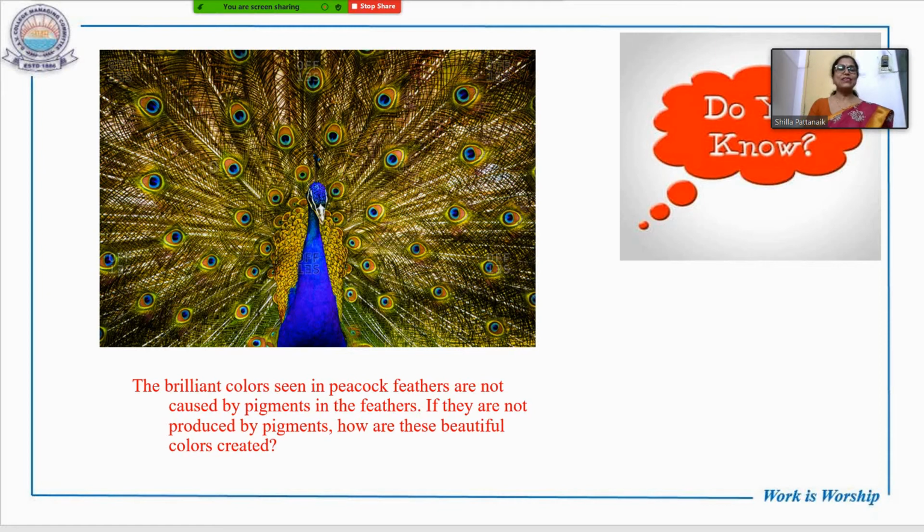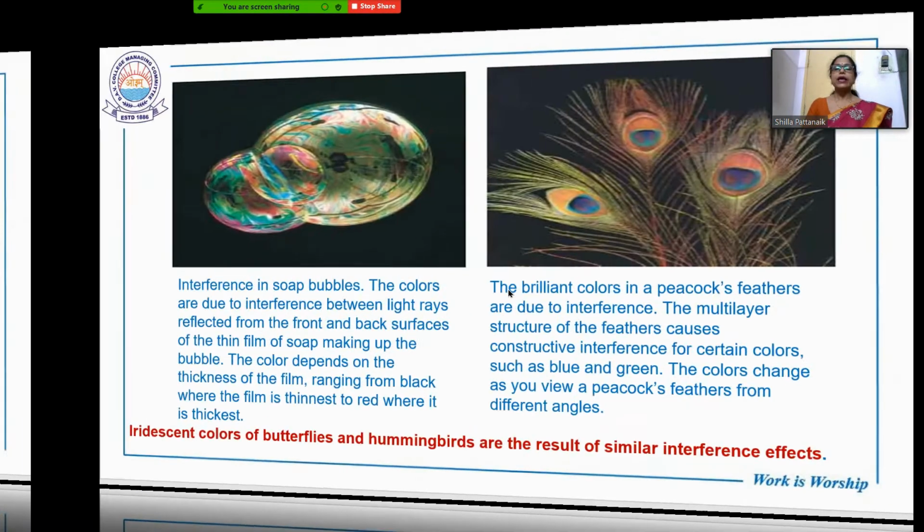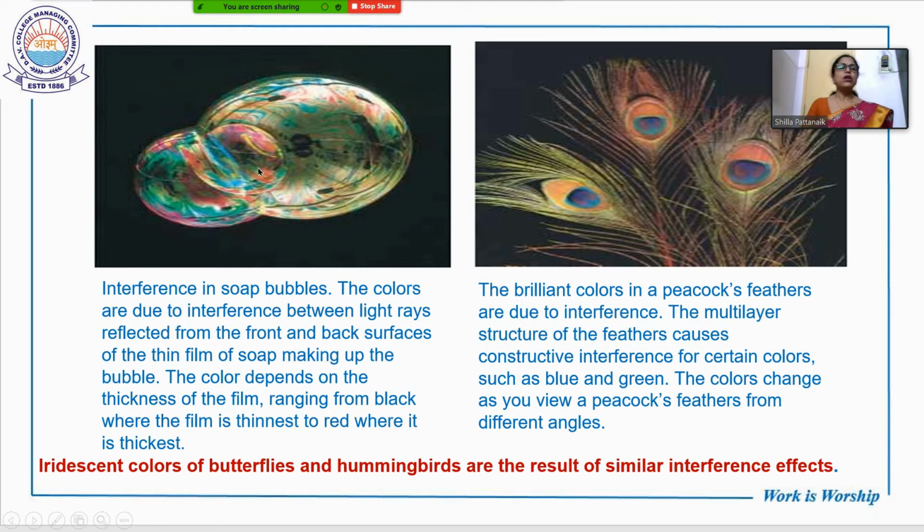It is not that colorful pigments are present there; because of interference, we can see it. Very good, you have remembered all these things. Again, the beautiful color pattern seen in the soap bubble is also because of interference. Also the colors of the feathers of the wings of butterflies and hummingbirds are the result of similar interference effects, that you also know.